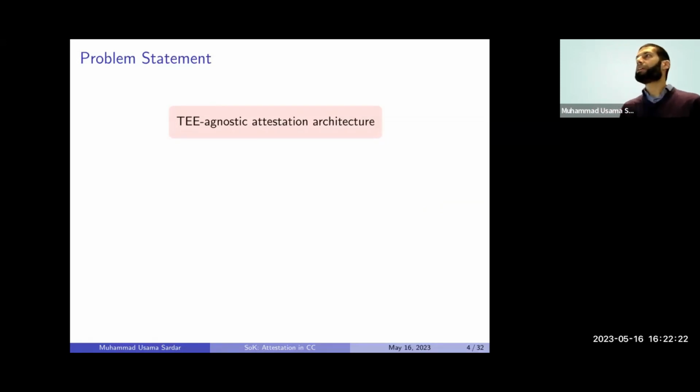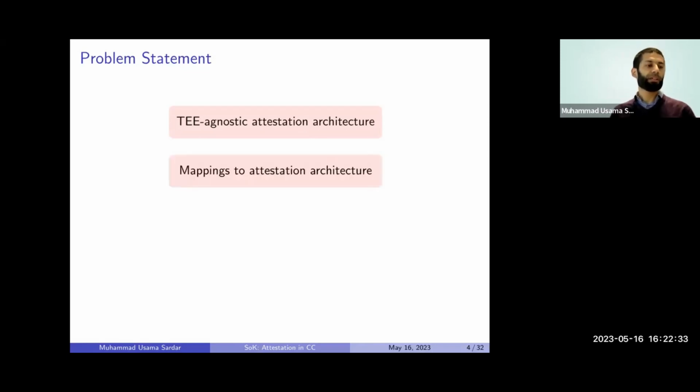So how do we reason about them mathematically, with an architecture which is agnostic to these trusted execution environments? This is one of the things which is missing and that we were aiming at. And once we have such an architecture on the basis of which we can analyze it scientifically and mathematically, we need to map these different kinds of solutions to this attestation architecture. The mappings do not exist at the moment.